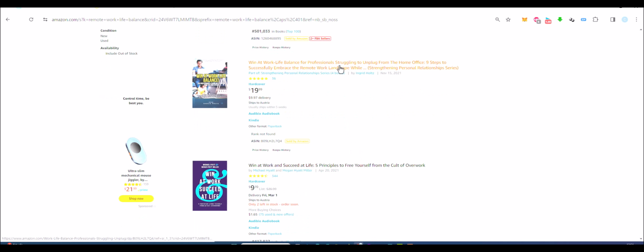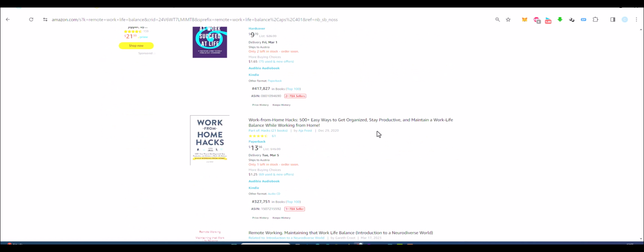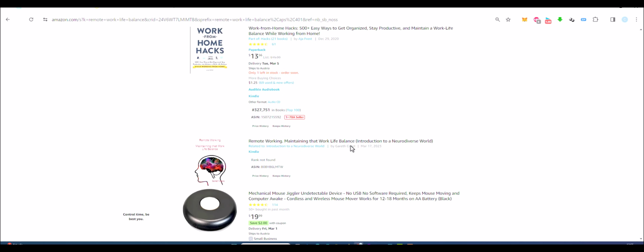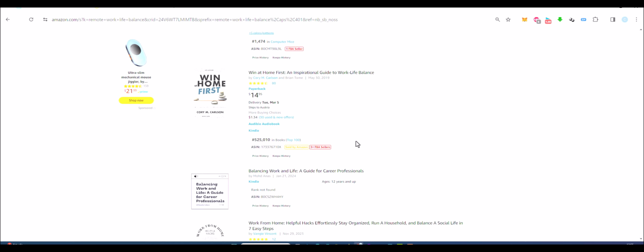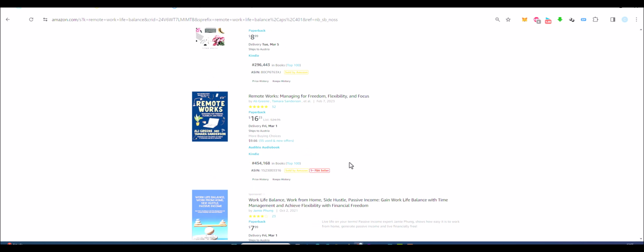So we see home office, work-life balance, work-life balance Smith. All right, but they're not super targeted. This is pretty good.